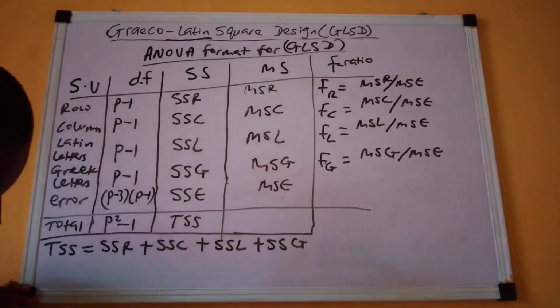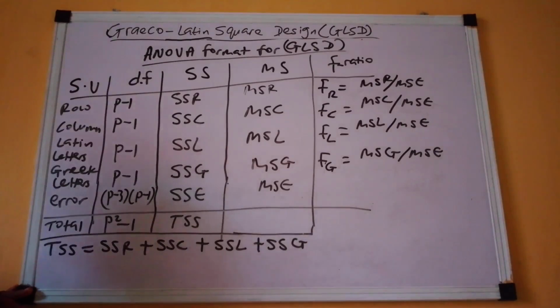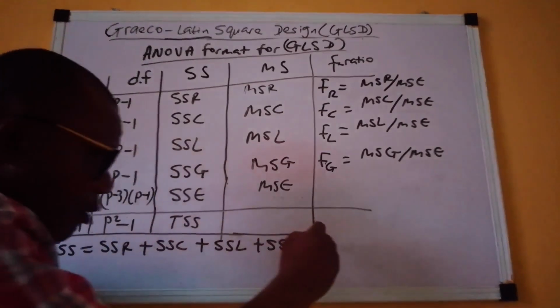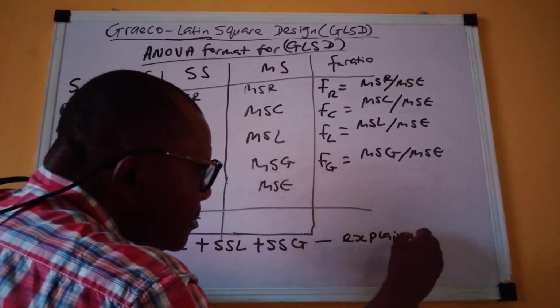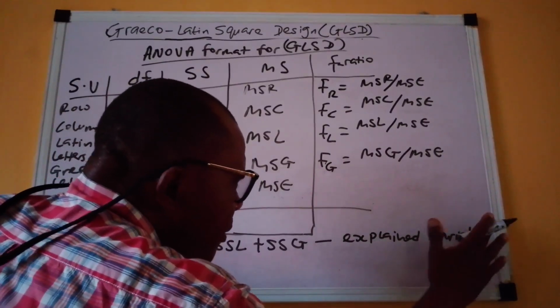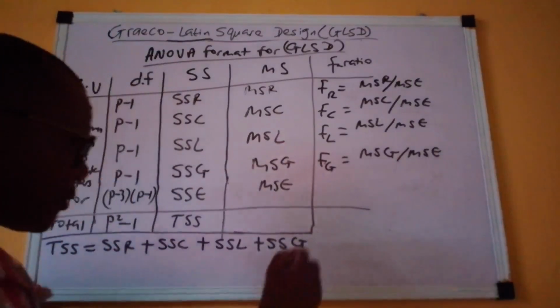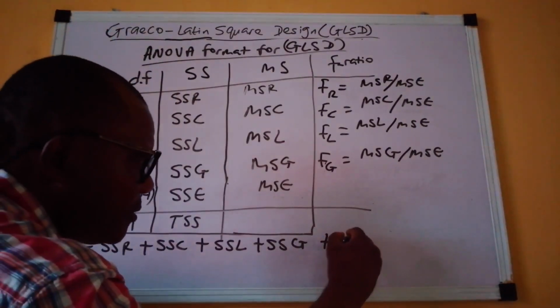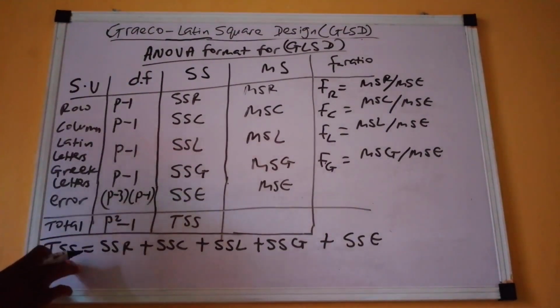Now, it will interest you to know that the sum of squares for error can now be placed. So all these are called the explained variation. The sum of square for error is also part of this.